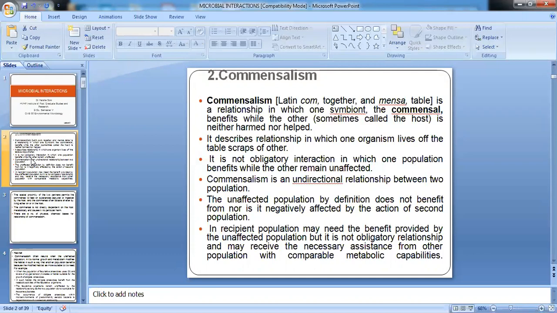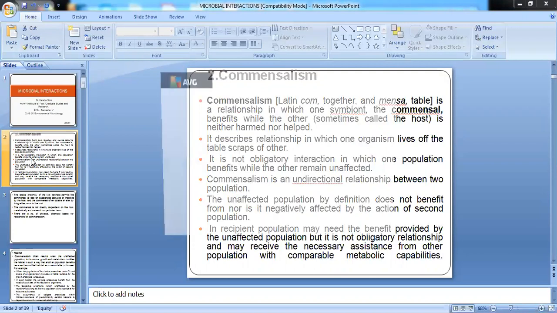The unaffected population will not benefit, but at the same time it is not negatively affected by the action of the second population. The recipient population will need the benefit which is provided by the host. But as I said, this is not a compulsory or an obligate relationship.